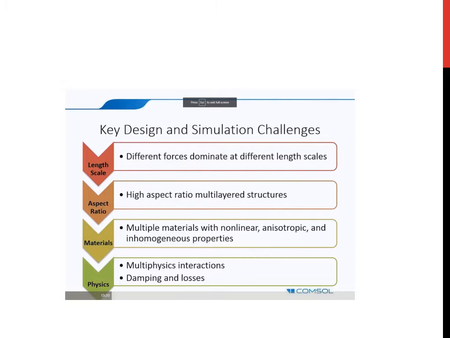And then high aspect ratio multi-layered structure. So for certain cases where the structure is very complex with several layers, the difference of the dimension could be on the order of thousands. For example, one layer with a nanometer scale, and then another one maybe 100 micrometer scale.